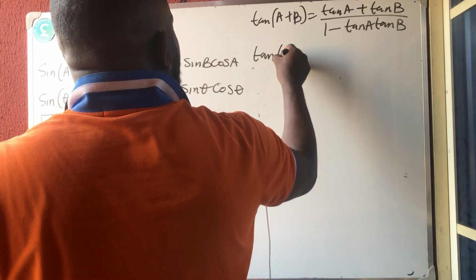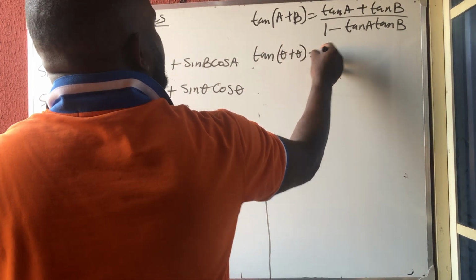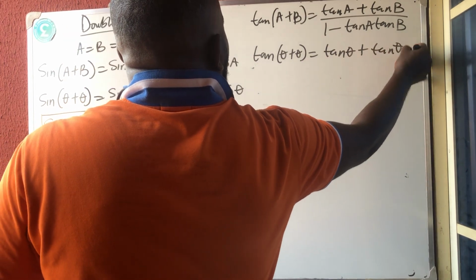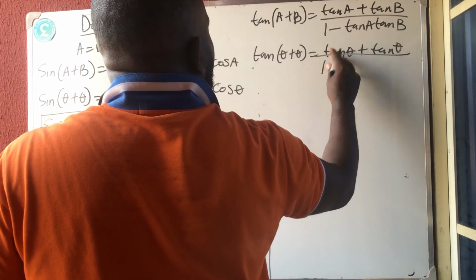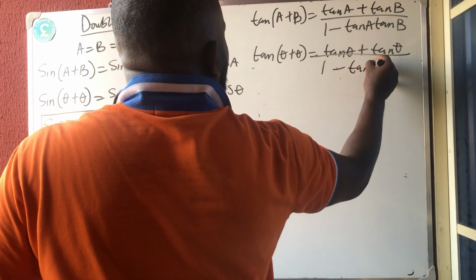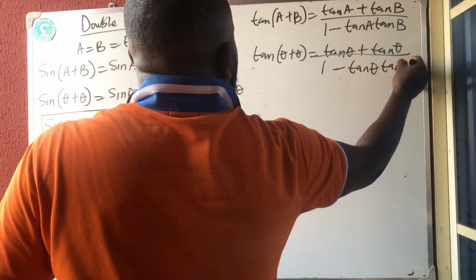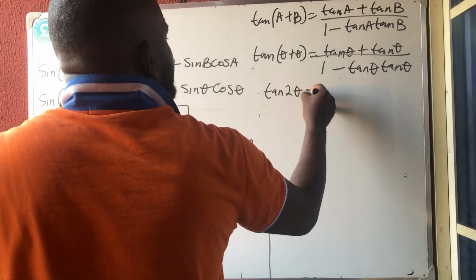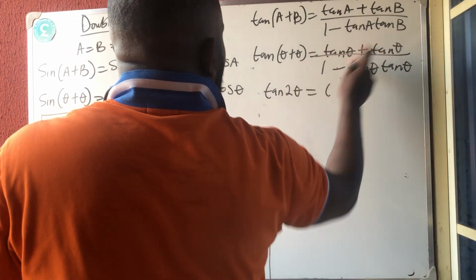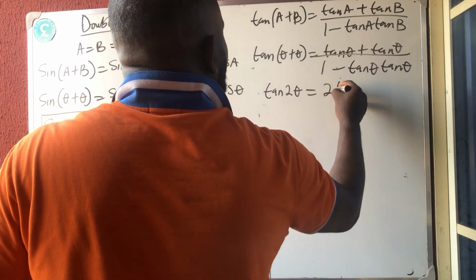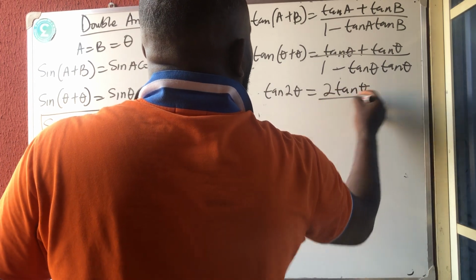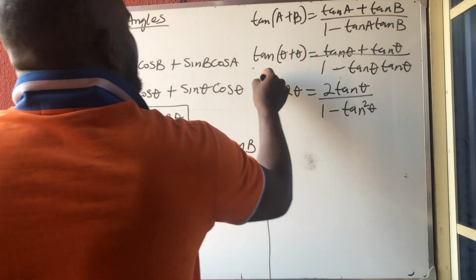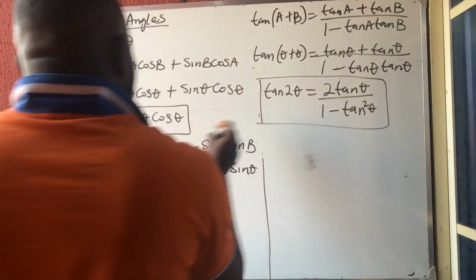So now tan (theta plus theta) is equal to tan theta plus tan theta all over 1 minus tan theta tan theta. So what do we have now? That tan 2 theta is equal to what? Tan theta plus tan theta will give you 2 tan theta, all over 1 minus tan square theta. So this is another important formula you need to know.